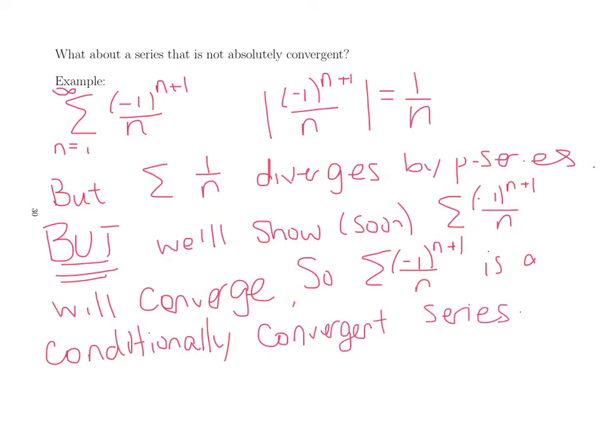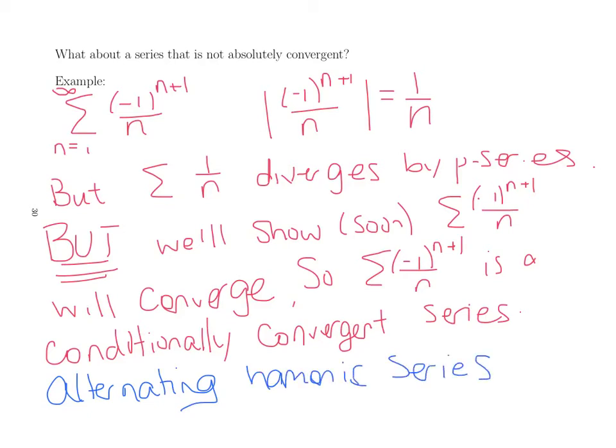And this series is known as the alternating harmonic series. Remember we talked about the harmonic series in the last section. This is the harmonic series, the 1 over n. Now this is the alternating one, and the 1 over n one diverges, but the alternating series converges.